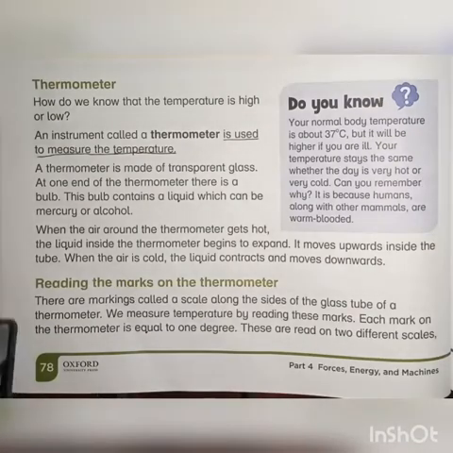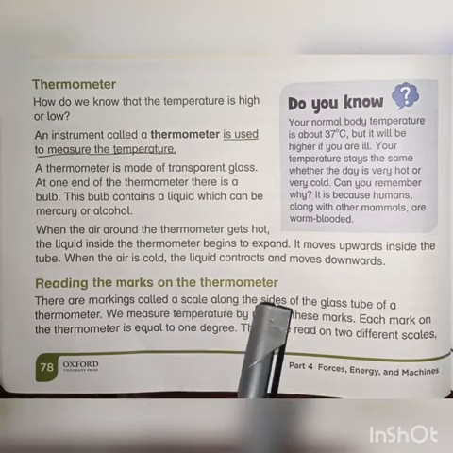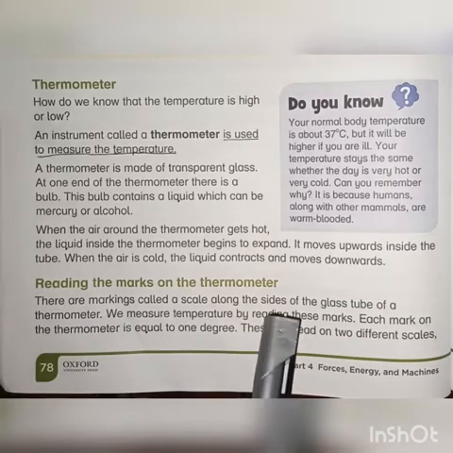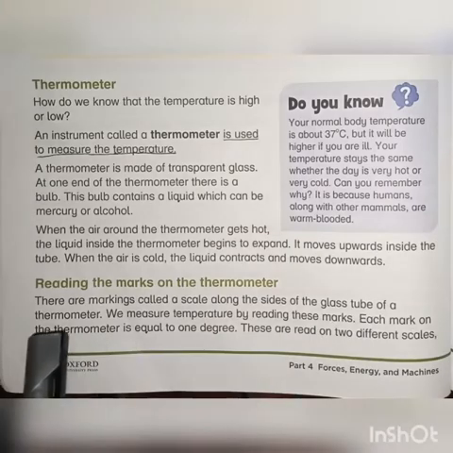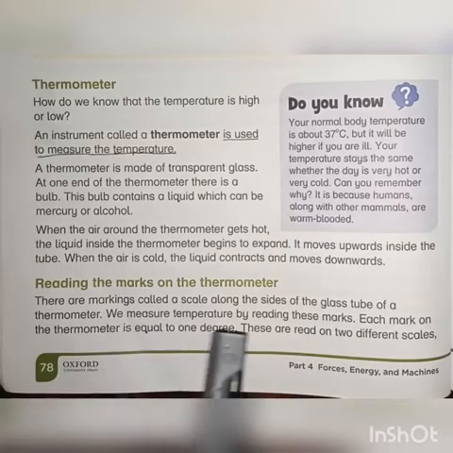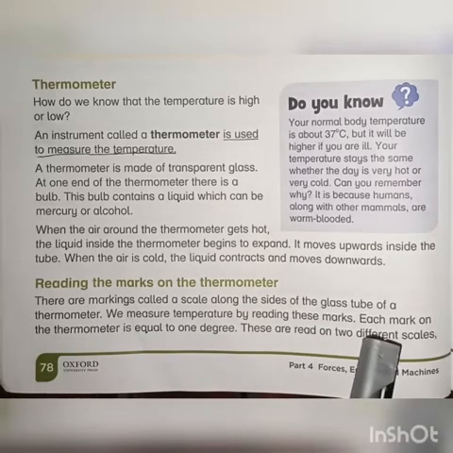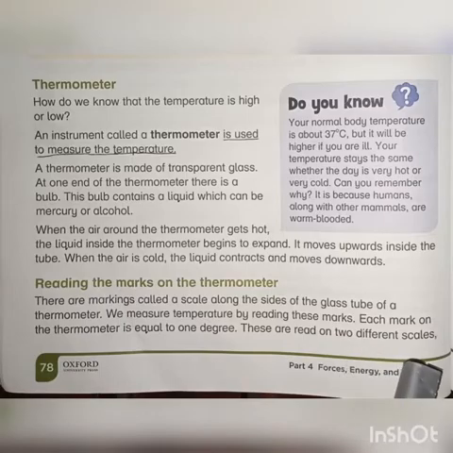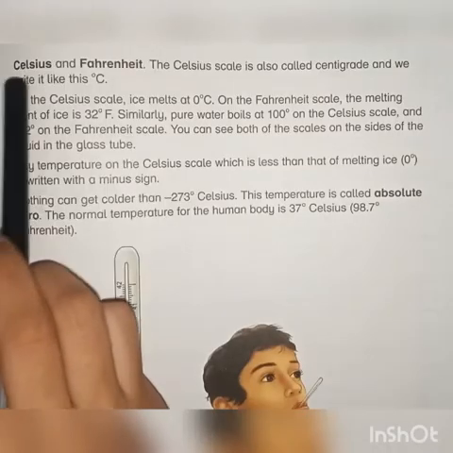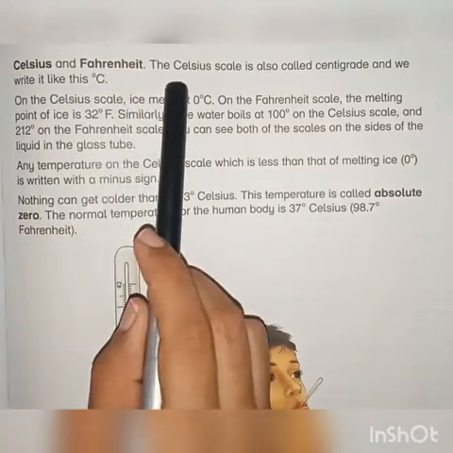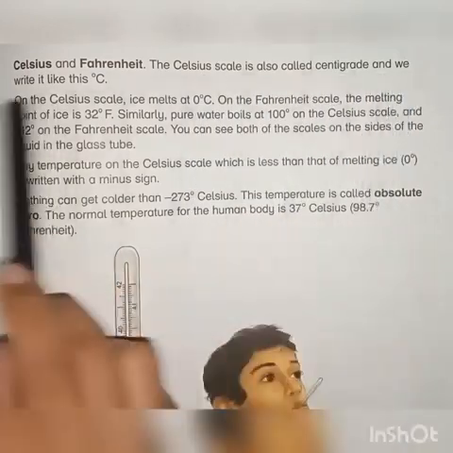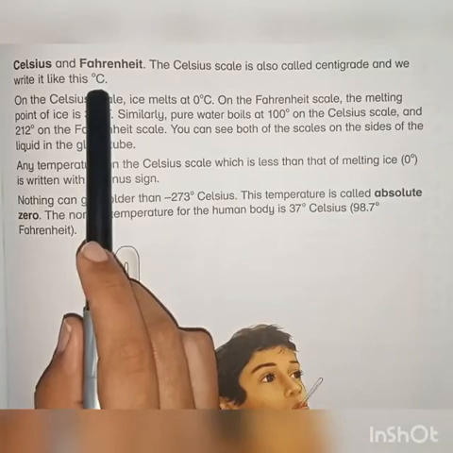Next, reading the marks on the thermometer. There are markings called a scale along the sides of the glass tube of a thermometer. We measure temperature by reading these marks. Each mark on the thermometer is equal to 1 degree. These are read on different scales, Celsius and Fahrenheit. The Celsius scale is also called centigrade, and we write it like this: degree centigrade.